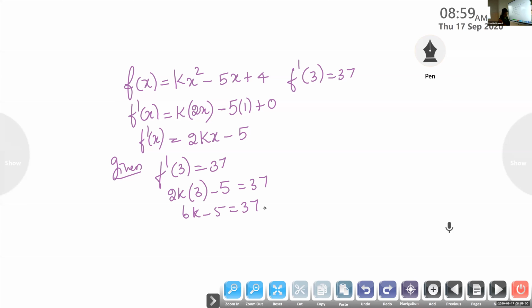What will be the value of k? 7. Yes, correct. K is 7.